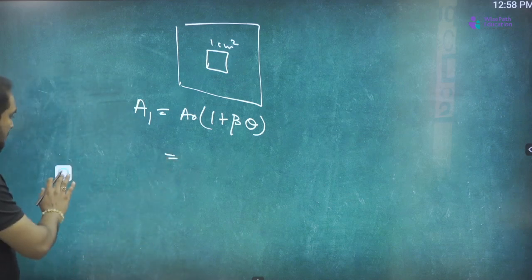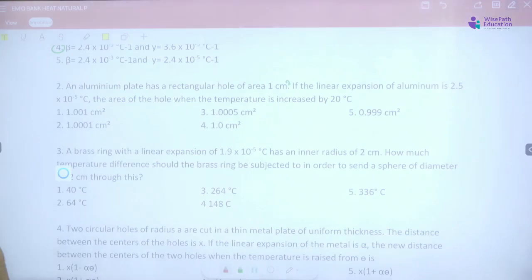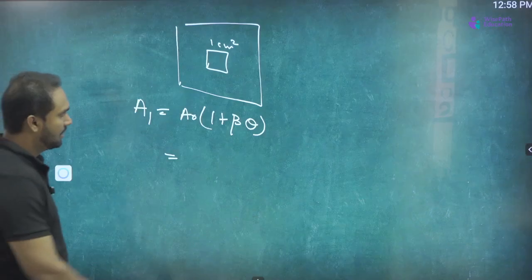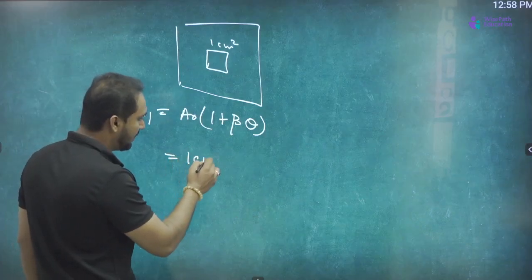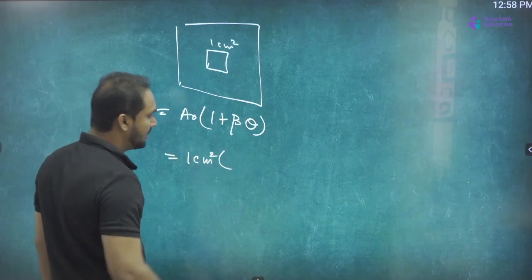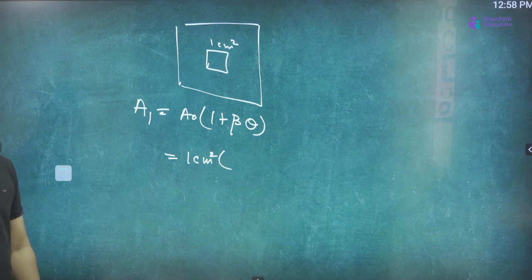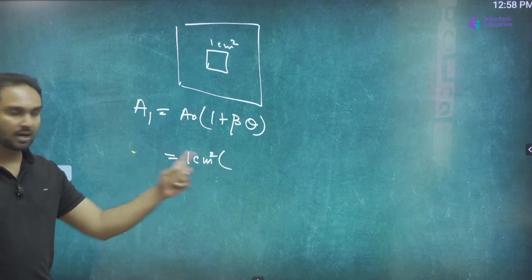The value of A naught is 1 square centimeter, and the expansivity is 2.5 into 10 to the power minus 5. They are increasing the temperature by 20 degrees Celsius. If I apply square centimeters, the answer will be in square centimeters as well, because the units cancel out each other.